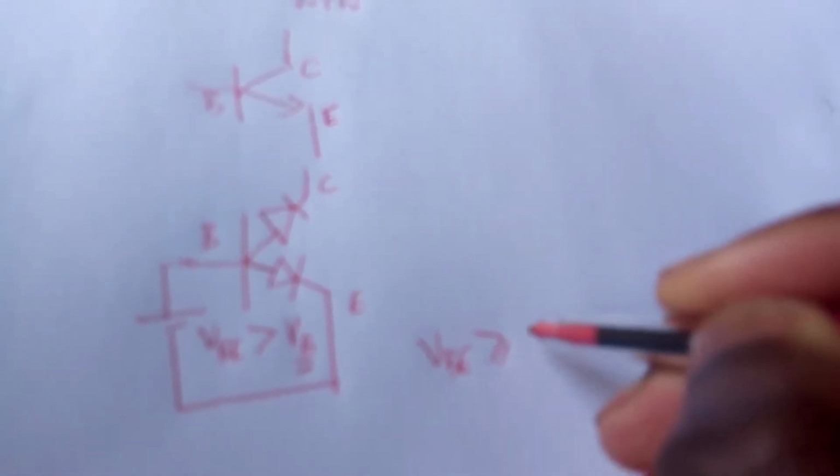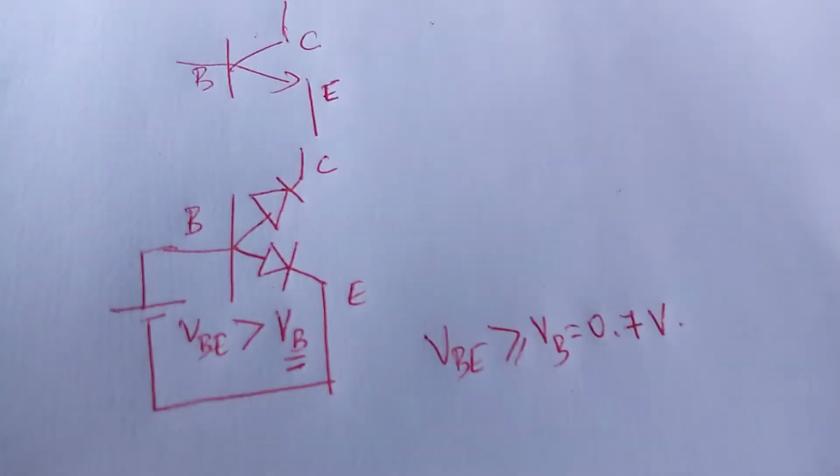Remember the barrier voltage from diodes, of that specific diode making up that junction. So what that means is that VBE must be greater or equal to VB, which is normally 0.7 volt with a silicon NPN transistor. In saturation region, the CBJ junction is also forward biased.